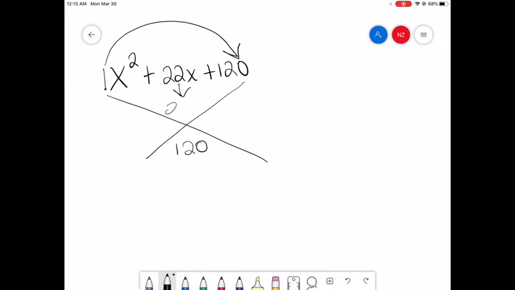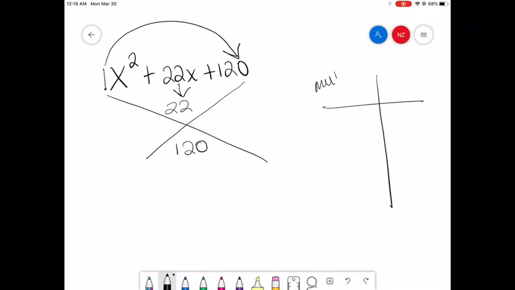Drop down my 22. Then I want to go to my t-chart and figure out numbers that multiply to give me 120, but add to give me 22. If you're thinking about the factors of 120, there's many, right?